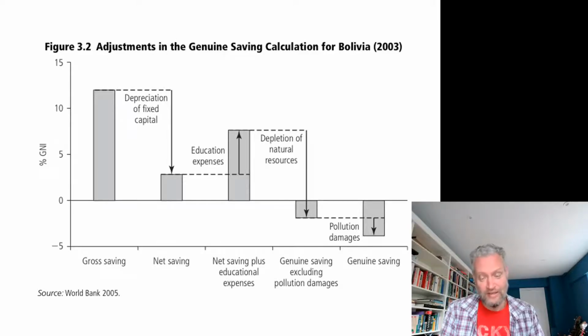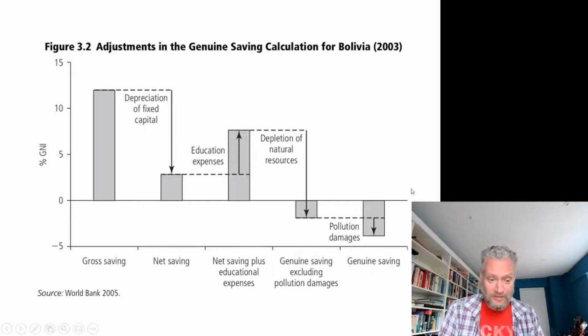So what does this tell you? Well, if you just focus on gross savings, things seem to be fine. Bolivia is doing well. Net savings is actually not doing so well, but it's adding to its capital stock, so that is a good thing. Then when you add education, things are getting better still.